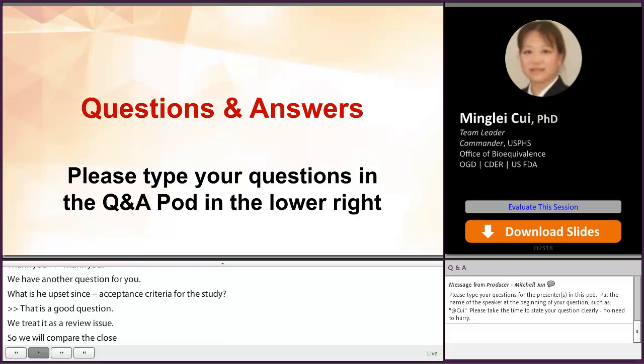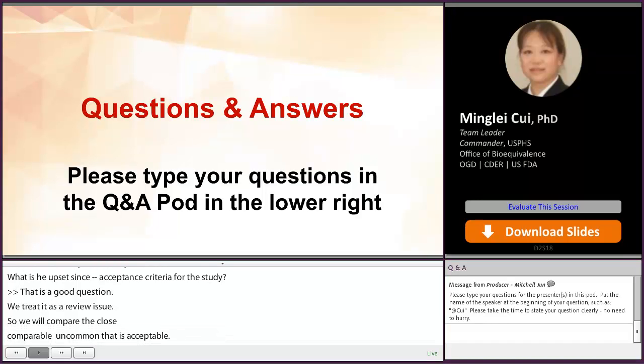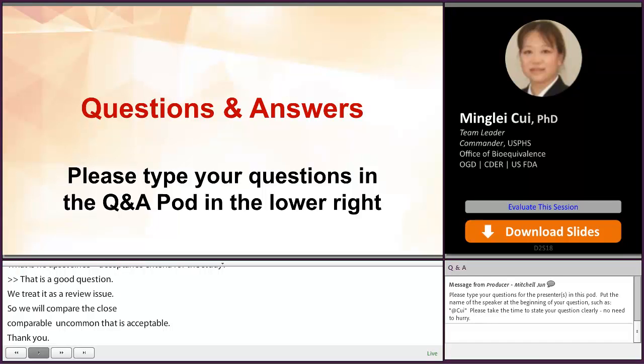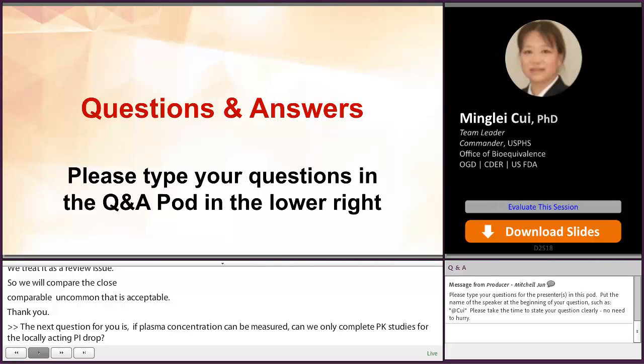Great. Our next question for you is, if plasma concentration can be measured, can we only conduct PK studies to ensure the bioequivalence for locally acting GI products? That recommendation is product specific; however, normally for a locally acting product, we do recommend both PK and in vitro dissolution.